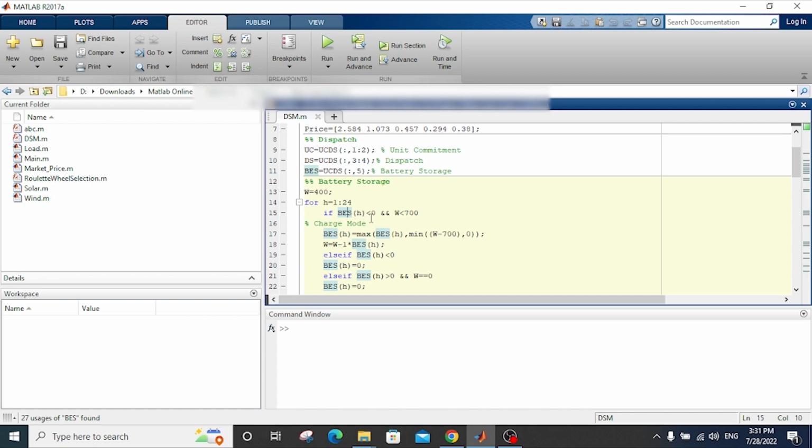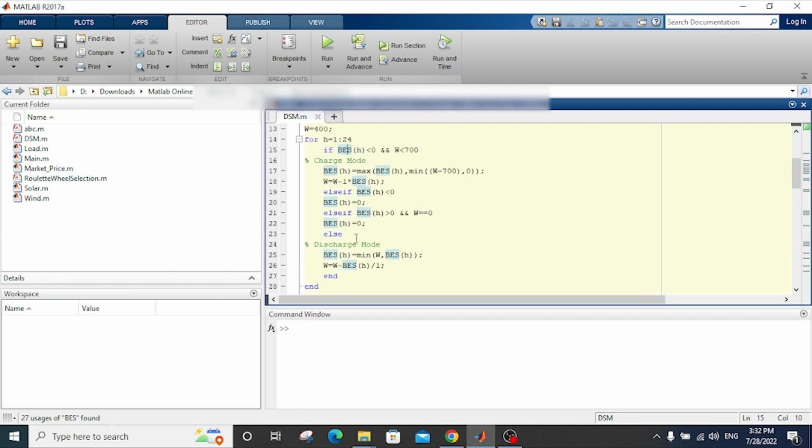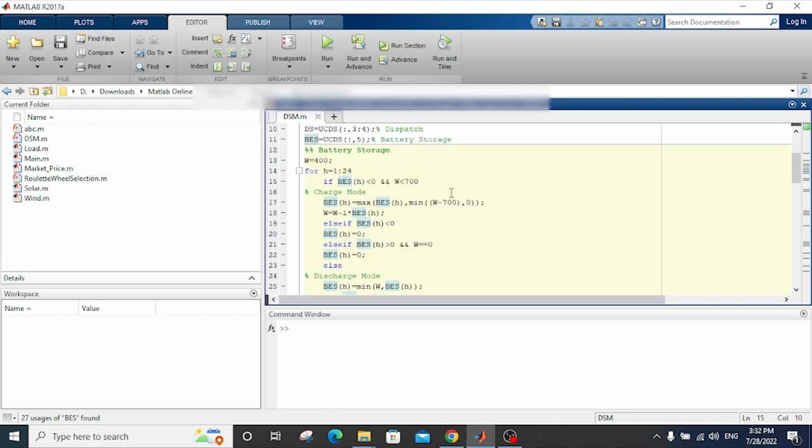If the battery storage is less than zero, meaning negative, and the energy stored in the battery is less than 700, the charging mode starts, and otherwise we go to the discharging mode. The battery will be charged by the amount of the values that the optimization function provides.